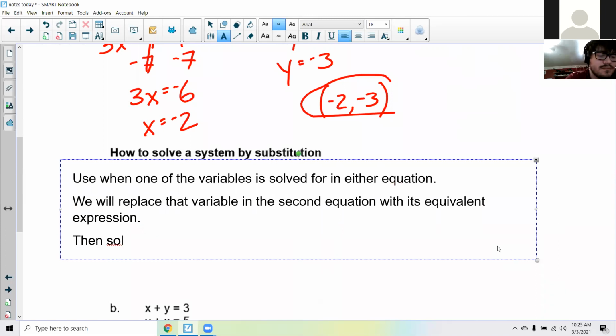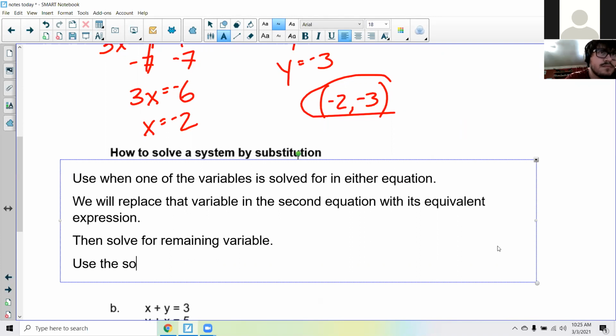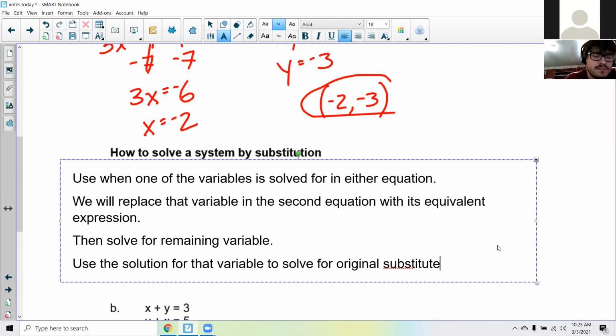Then solve for the remaining variable. Use the solution for that variable to solve for the original substituted variable. It's a little winded, but that's what you need to do.